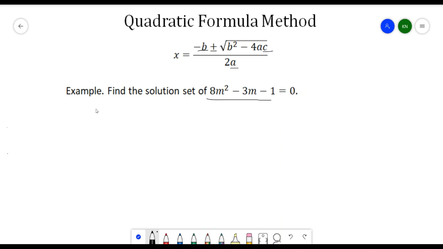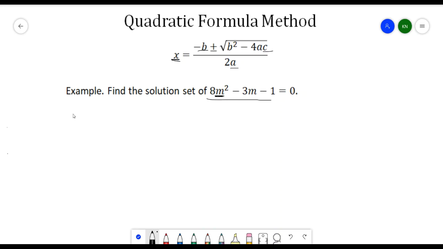So from the example, we have: find the solution set of 8m squared minus 3m minus 1. Maybe you will be confused why I used another variable. This one, class, is just equivalent to the variable that you used in your equation.